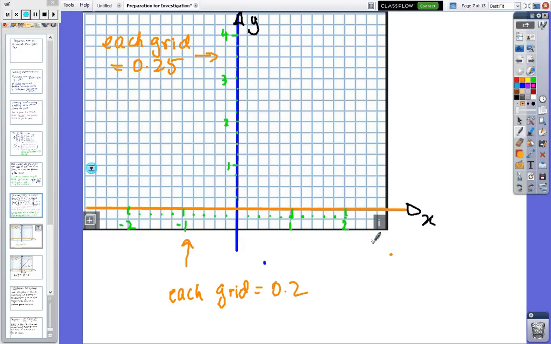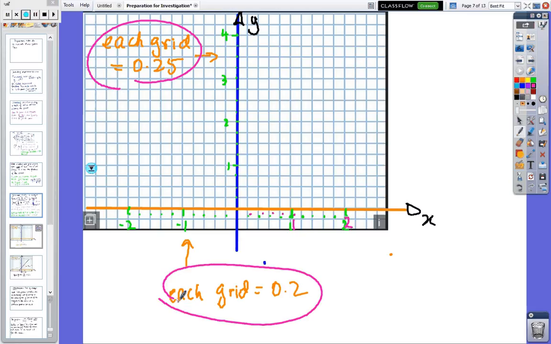Then I've gone 5 grids across, 1, 2, 3, 4, 5, and then put a 1, and then a 2, minus 1, minus 2. But I couldn't use 5 grids up and down, I just didn't have enough space, so I used 4 grids for 1. So on the vertical axis, each grid is worth 0.25, but on the horizontal axis, each grid is 0.2. So that's going to be useful.